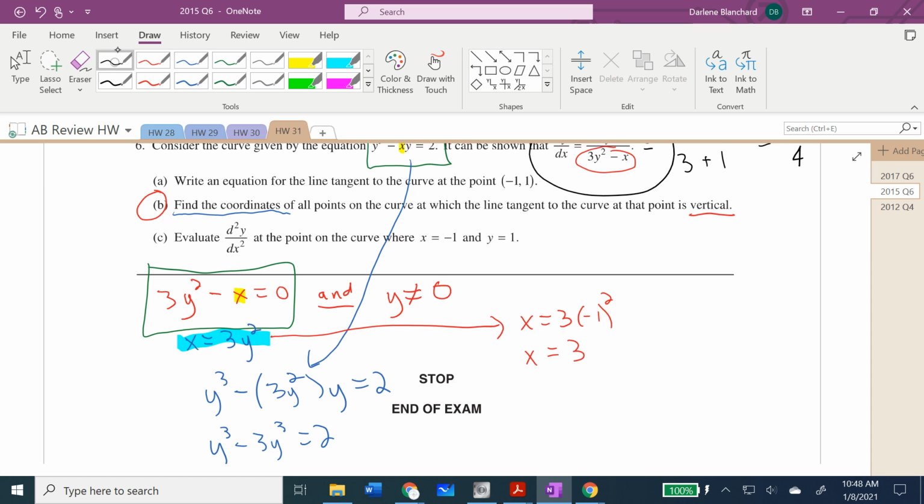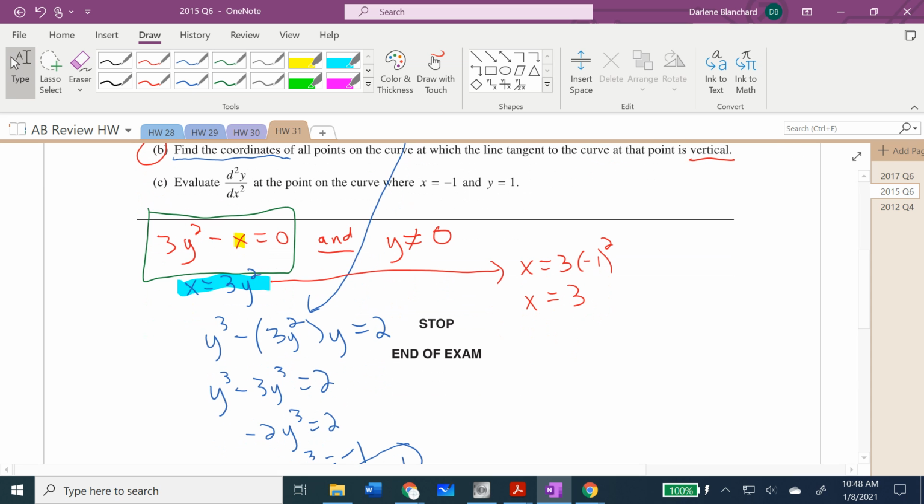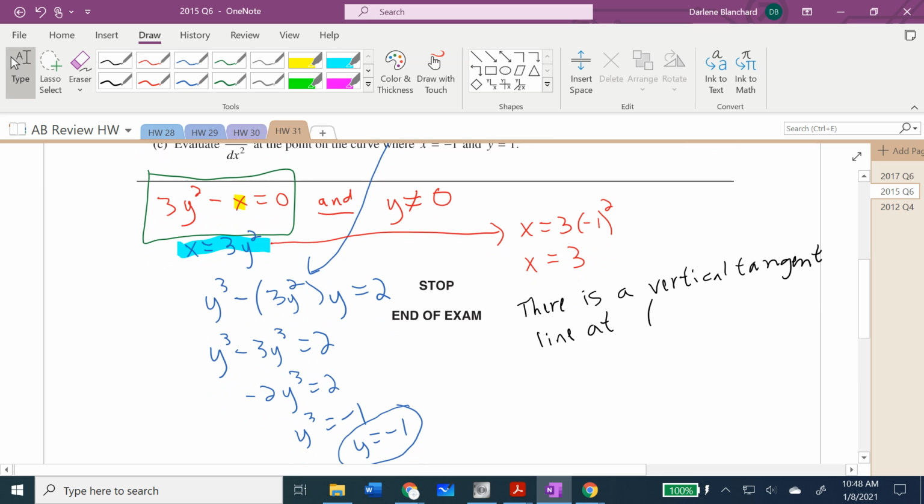And then I can say that there is a vertical tangent line at 3, -1. And let's double check.